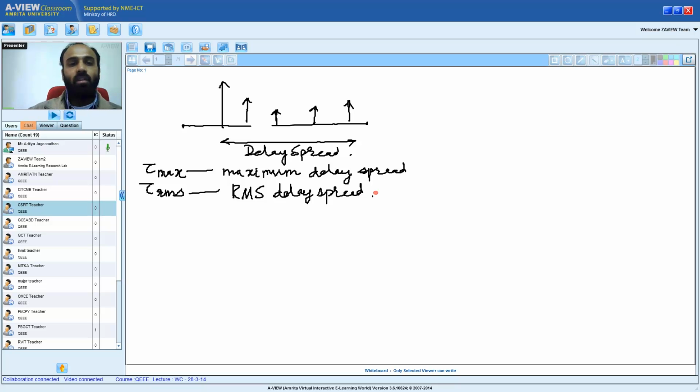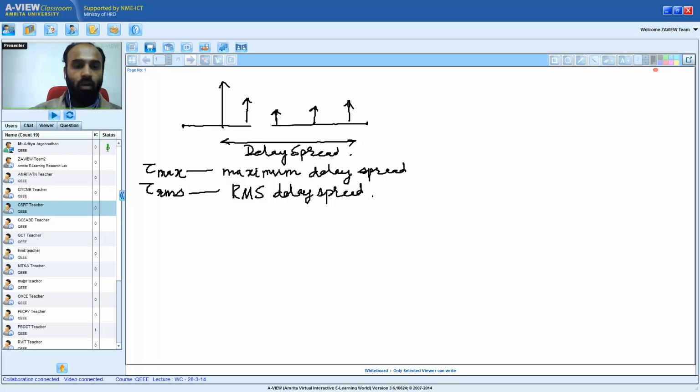And of course, tau RMS we said is a much better metric because it helps you characterize the delay spread in a much more practical way compared to the maximum delay spread.